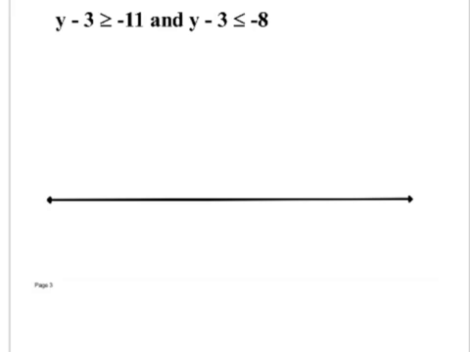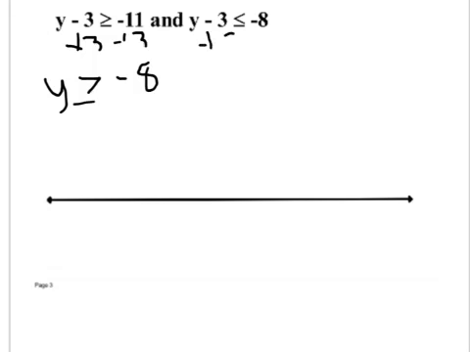Write this inequality down. The inequalities here are y minus 3 is greater than or equal to -11, and y minus 3 is less than or equal to -8. So what we do is we solve both inequalities. This gives me y is greater than or equal to -8.